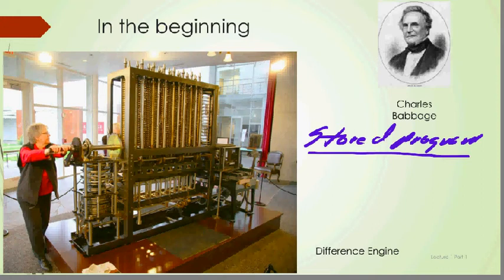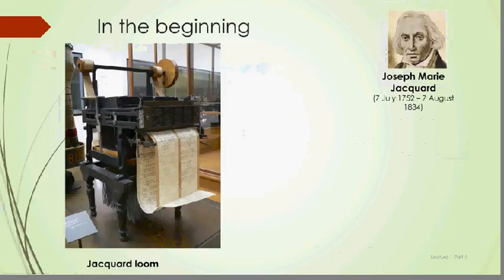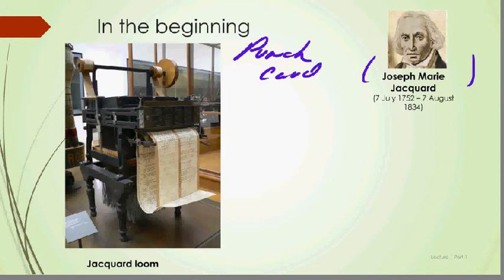He came up with another idea. He borrowed from this gentleman right here, Mr. Jacquard, who was a weaver. Mr. Jacquard used punch cards to control the loom in order to create the designs that he used in his material.